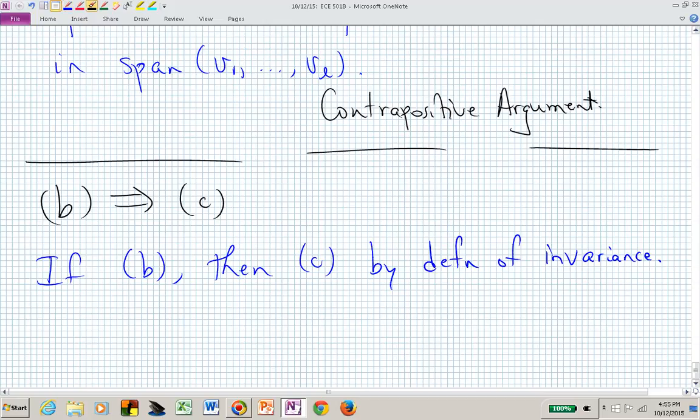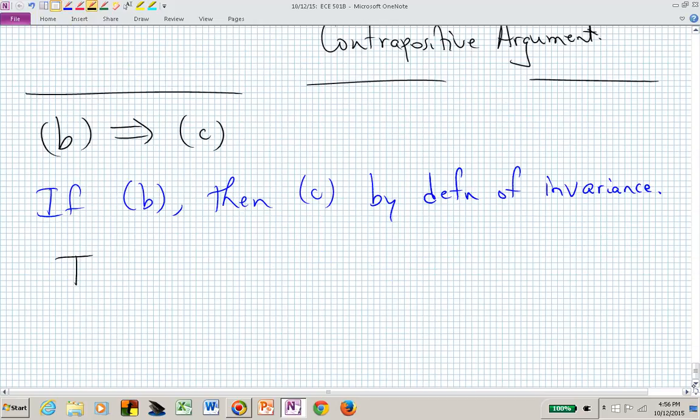Meaning, if we walk this out a little bit, we have TV1 is in the span of V1.